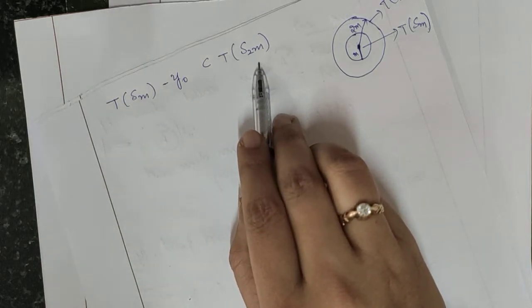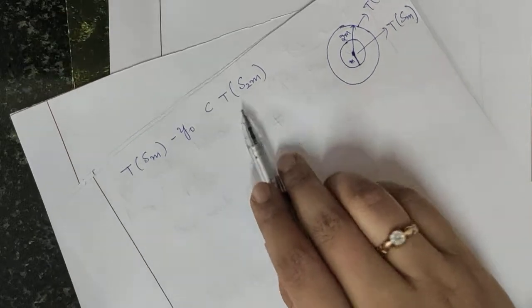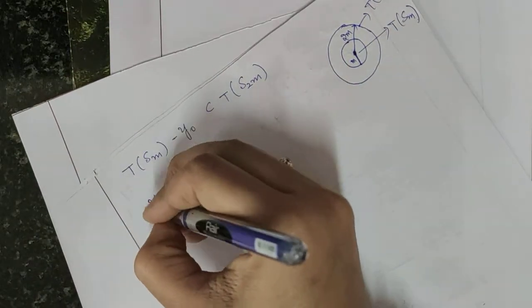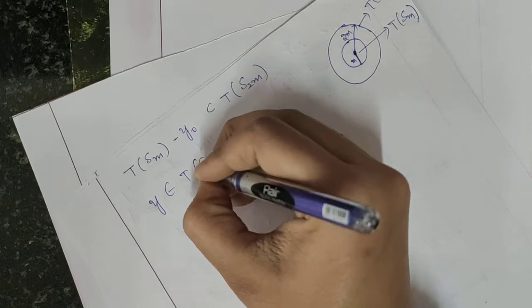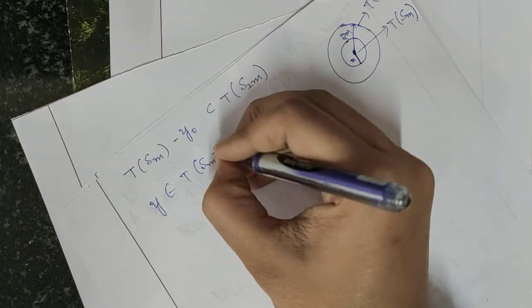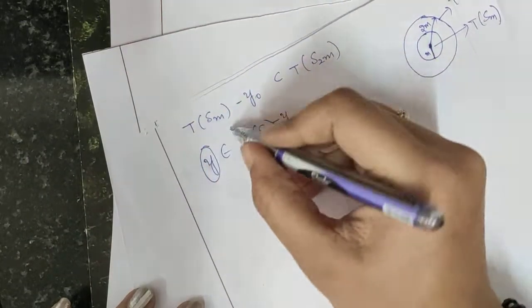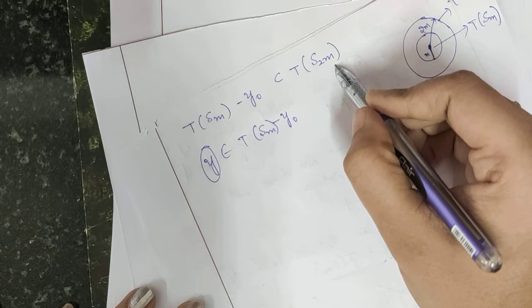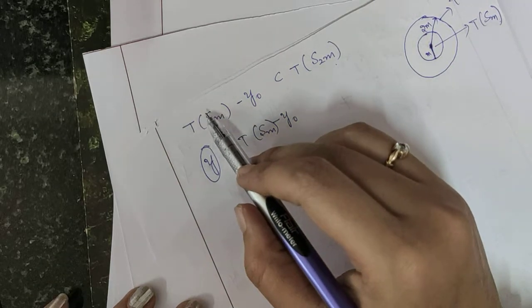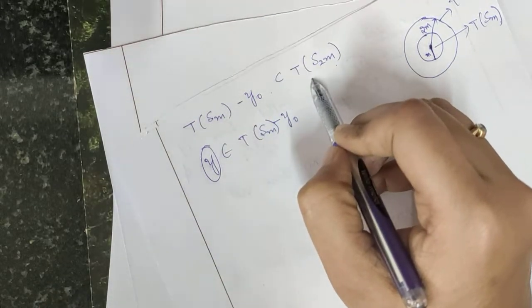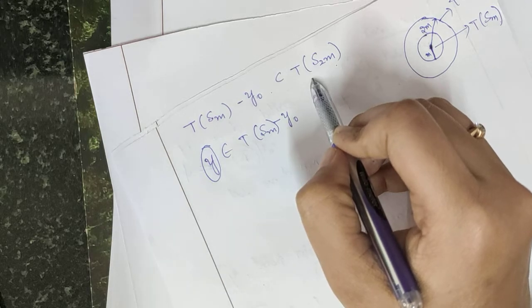In order to prove this, first I will consider y belongs to T of Sm minus y0. If I prove the same point belongs to T of S to M also, then I can say that T of Sm minus y0 is a subset of T of S to M, right?